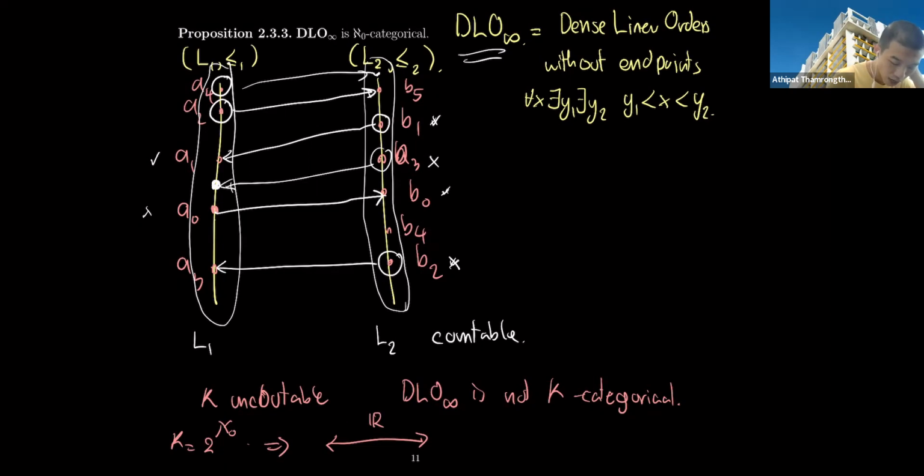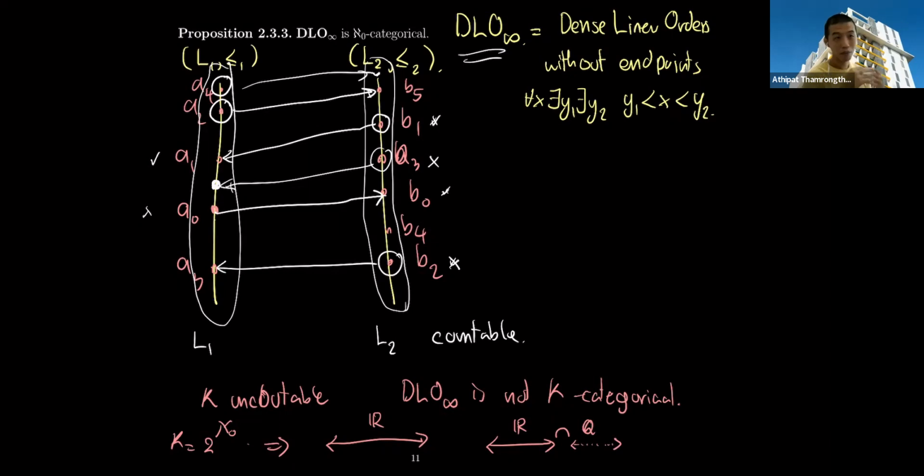And you can construct another model of this: you have the reals here, and you add the rational numbers at the end of this.